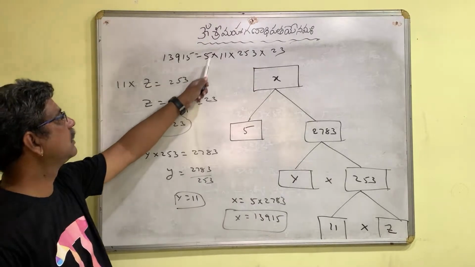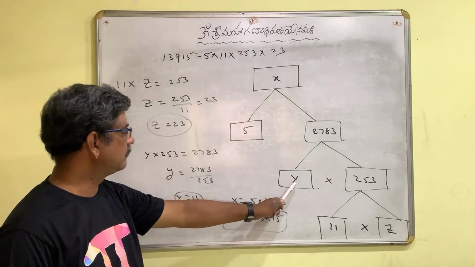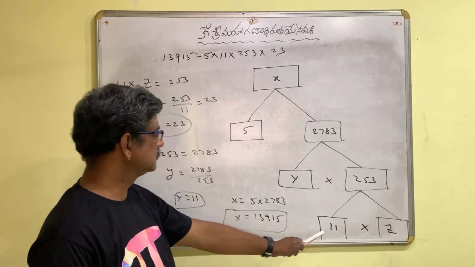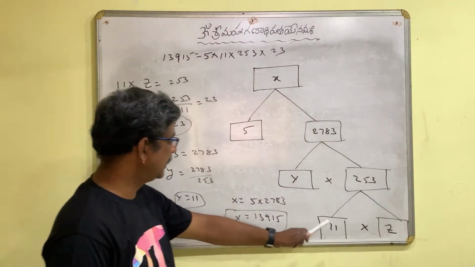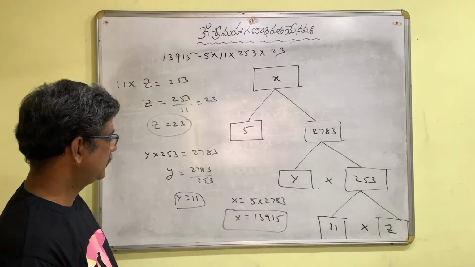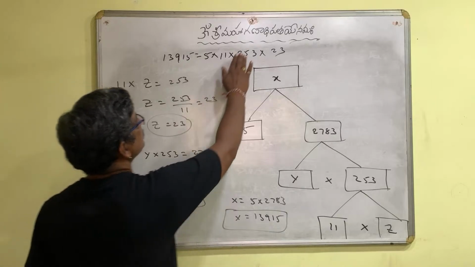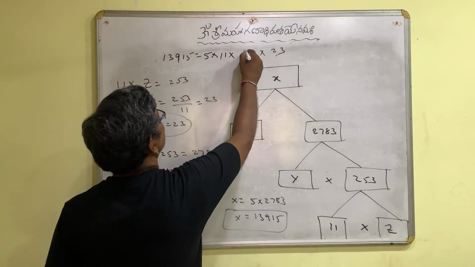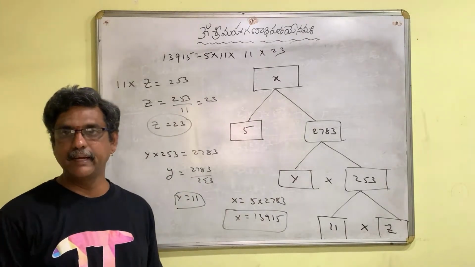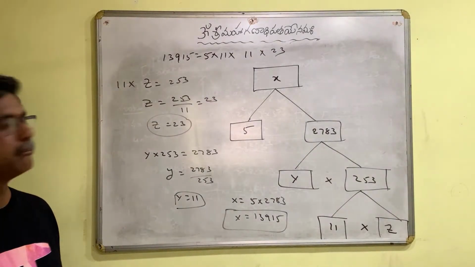5 into 11 into 5 into Y value 11 into 11 into Z. Two 11s, yes, two 11s. 11 into 23. 5 into 11 into 11 into 23. So it is a composite number.